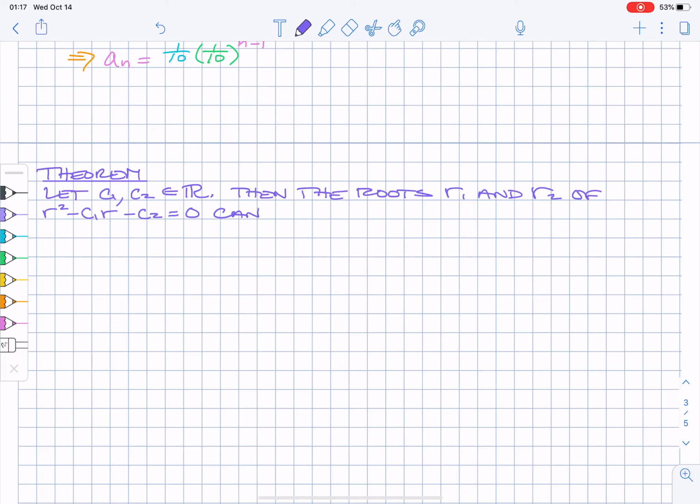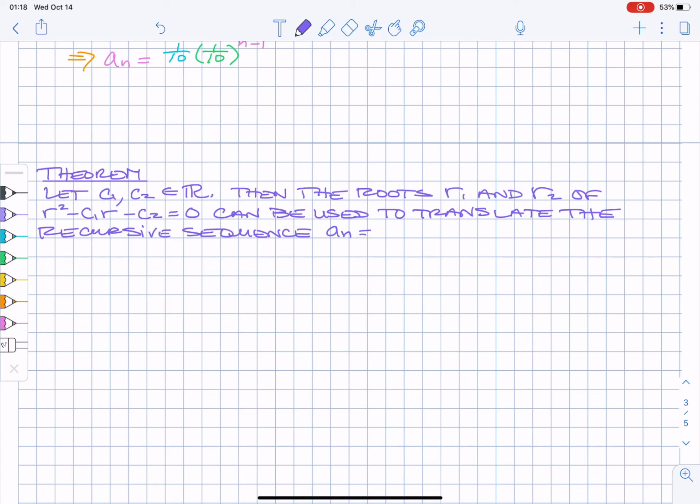used to translate the recursive sequence A sub n is equal to C1 A sub n minus 1 plus C2 A sub n minus 2 into explicit form.